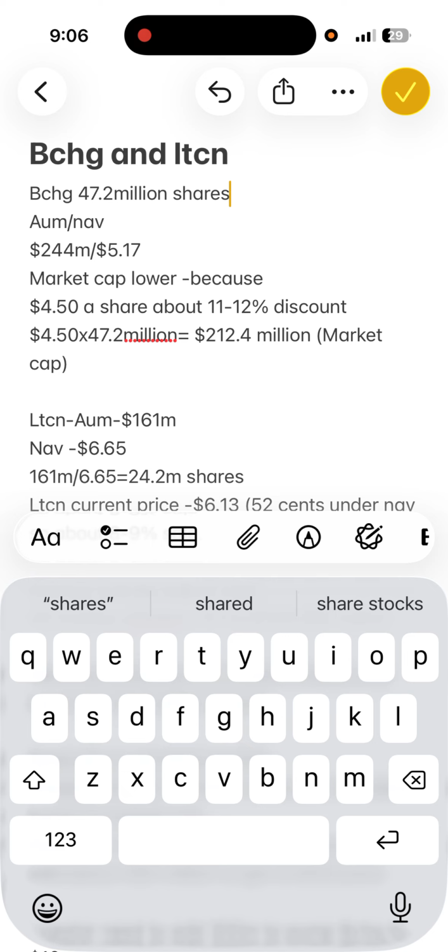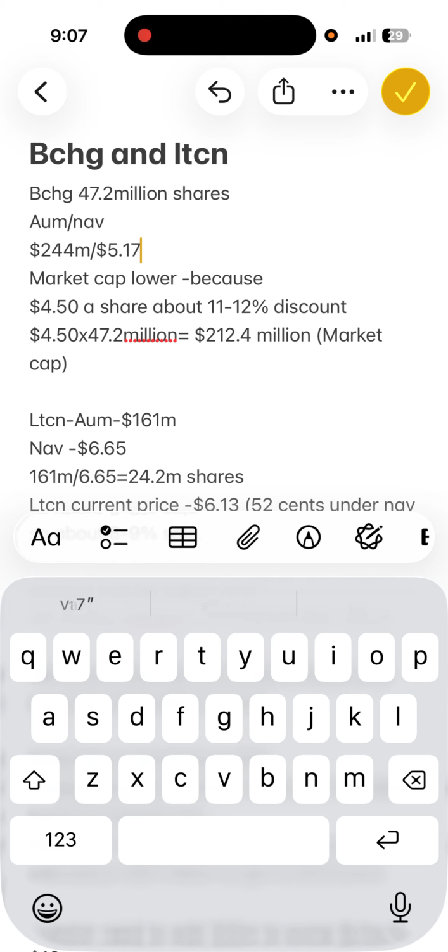And if you want to calculate the market cap, that means how much money is actually in BCHG, then you take the shares, which is 47.2 million, and multiply it by the current price, which is $4.50. So when I multiply $4.50 times 47.2 million, it's $212.4 million, right?